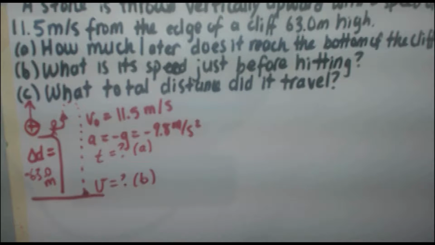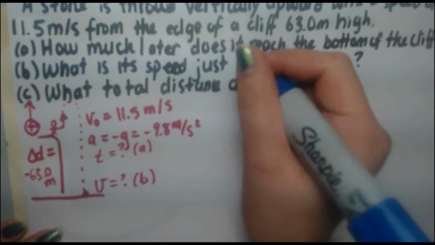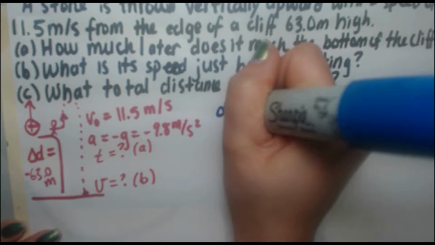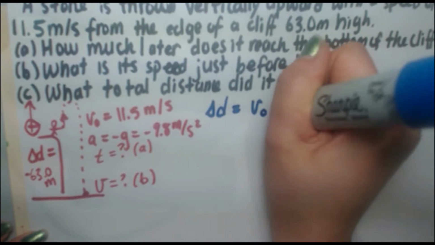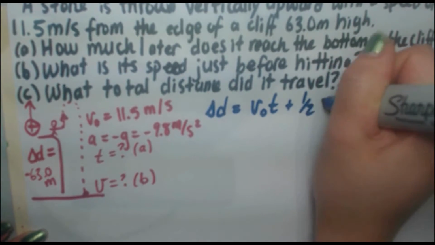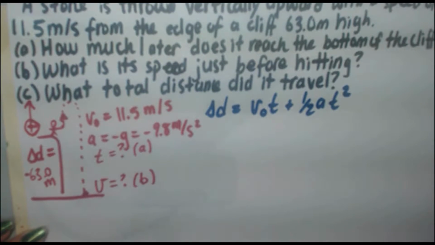How much later does it hit the bottom of the cliff? We're going to start with the fact that we know its displacement, its initial speed, and its acceleration. We have to find the time. So we're going to use this kinematics equation because it is suited the best. Delta D equals V naught t plus 1/2 acceleration times t squared.